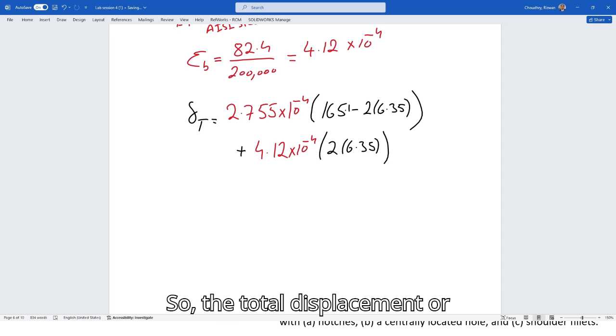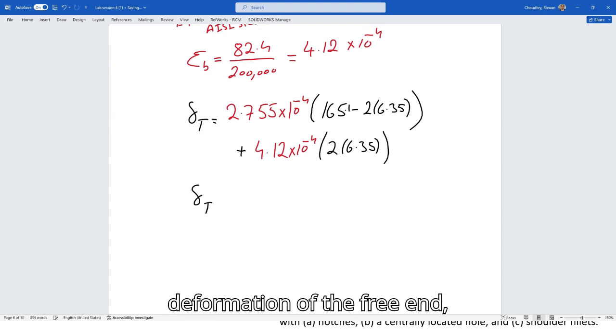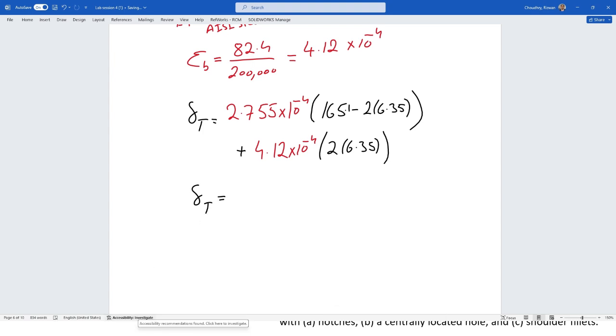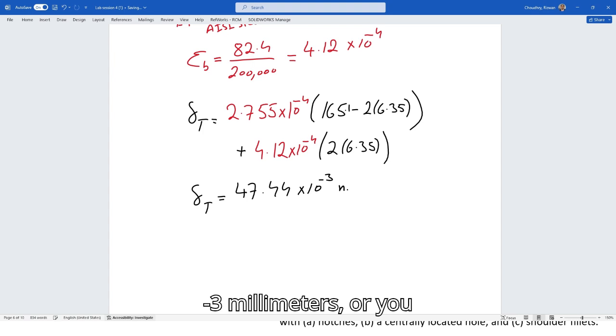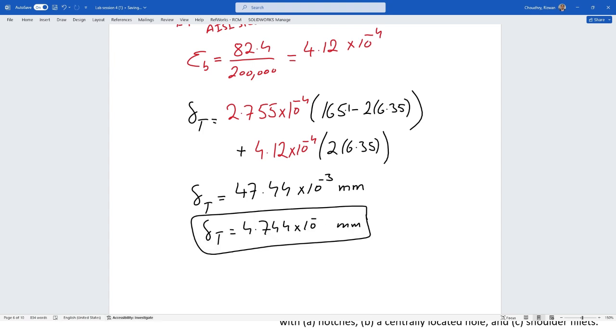So the total displacement or deformation of the free end is 47.44 into 10 to the power minus 3 millimeters.